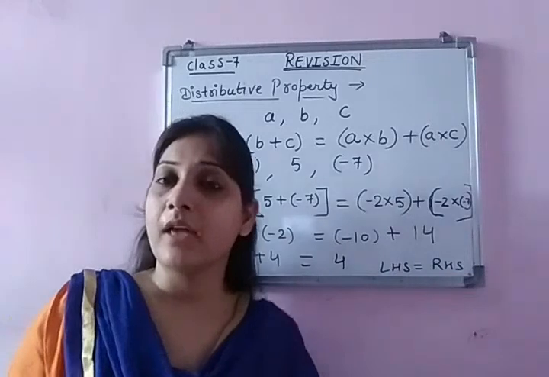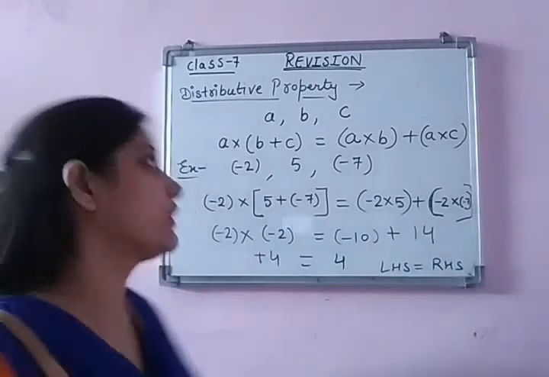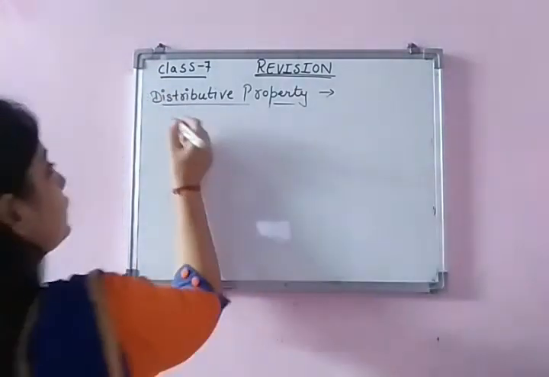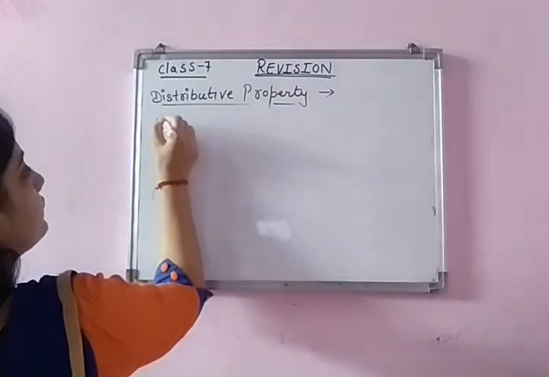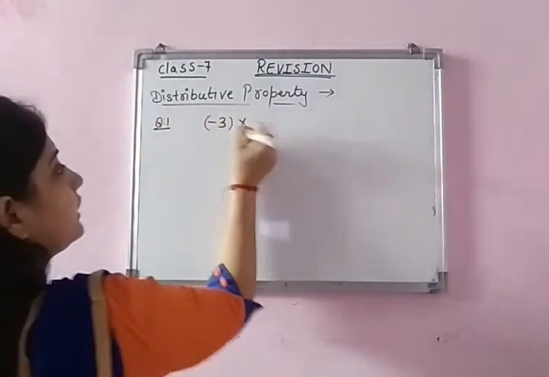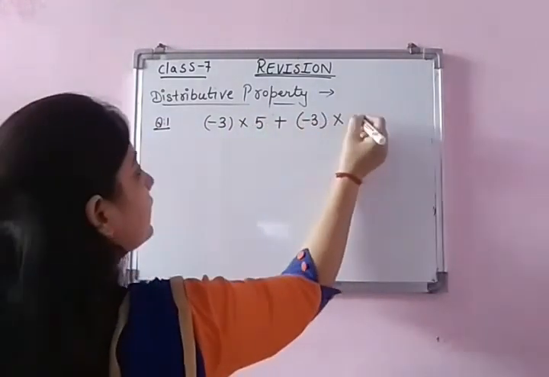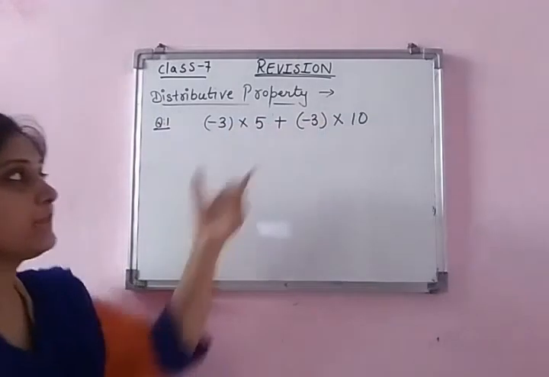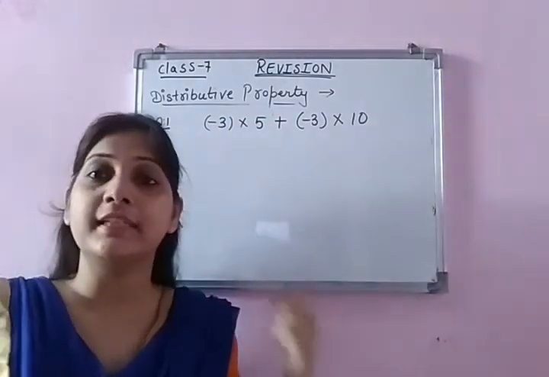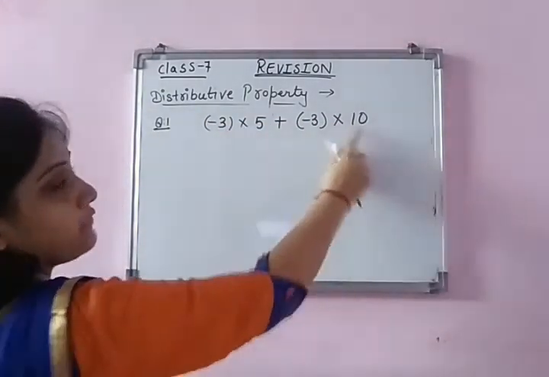Now I am giving one question to you: apply the distributive property on this and solve. Here is the question in which you have to simplify using this property: -3 into 5 plus -3 into 10. So children, the way of doing the question is, first you have to take the common.